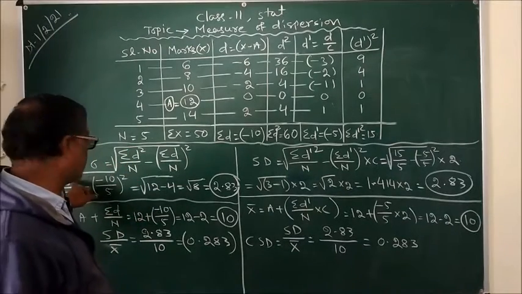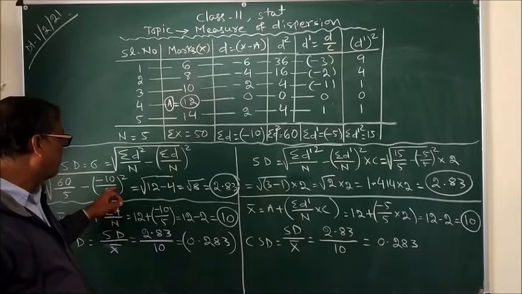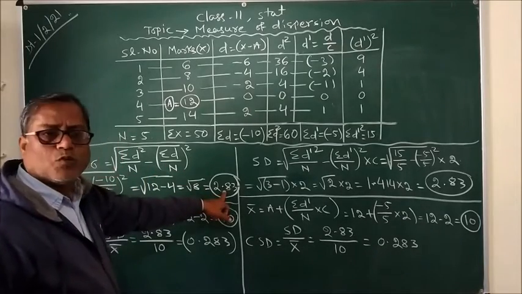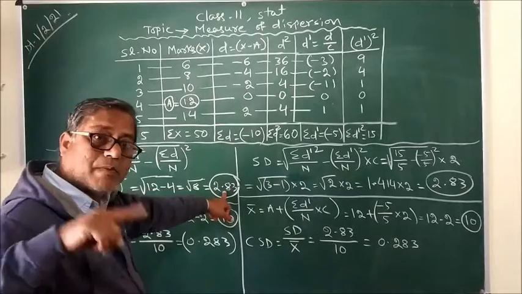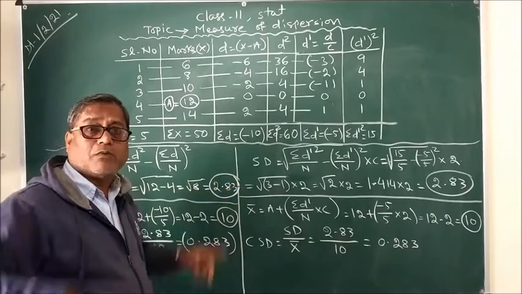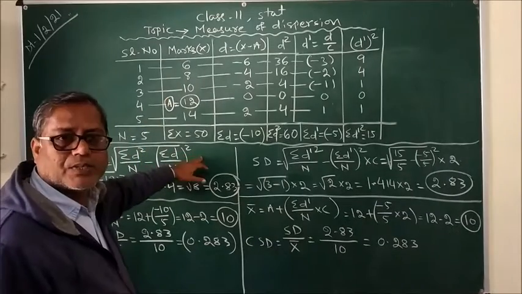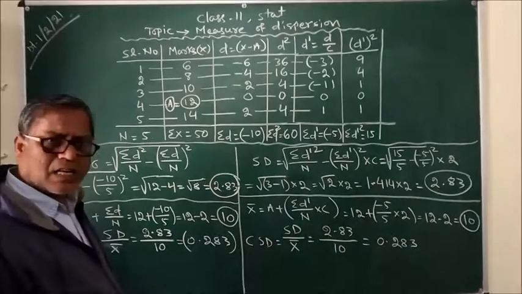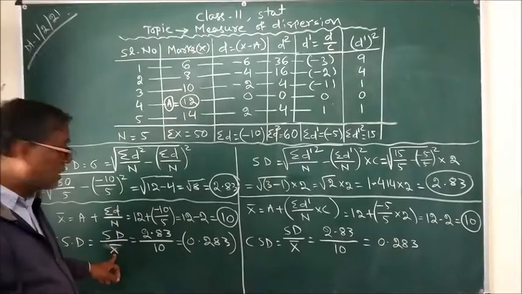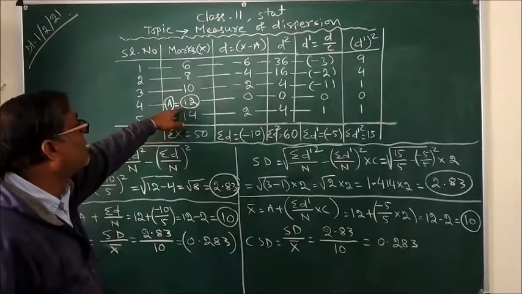So after making the table, simply use the formula and get the answer. Here summation d square is 60 upon 5, minus summation d by n, that is minus 10 by 5, whole square, and while solving this, we find that 2.83 is our standard deviation. Remember, the same value we calculated using the direct method, we found while calculating standard deviation using the shortcut method, because I have taken the same series. And coefficient of standard deviation is standard deviation by arithmetic mean, x bar. Here we have to take the actual mean, not the assumed mean.